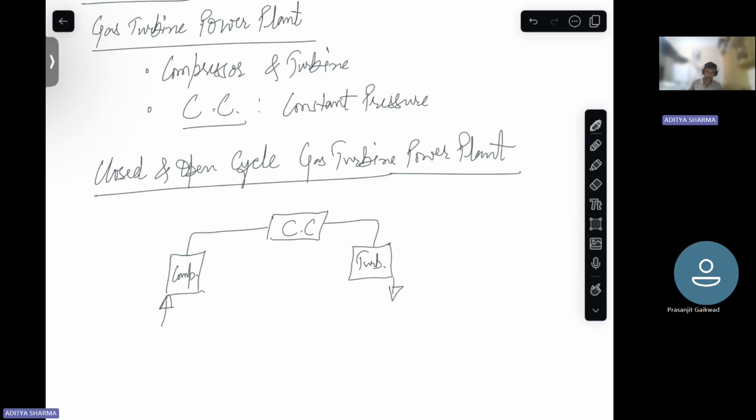From where it is entering, in that case, this becomes a closed cycle. Okay. So this essentially is the crux of open and closed cycle.